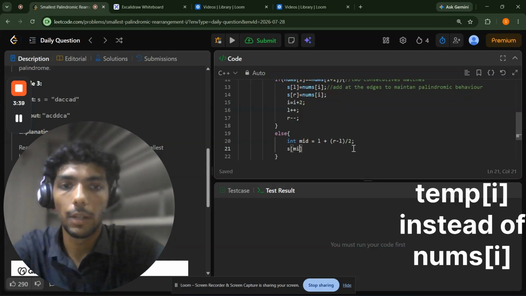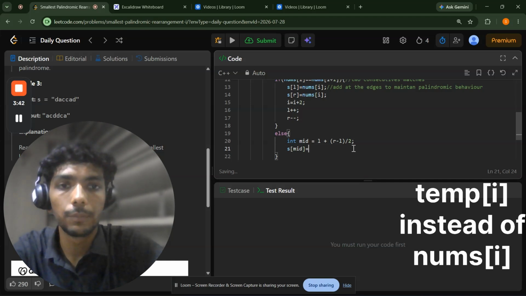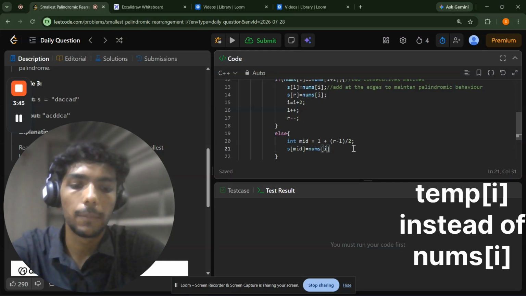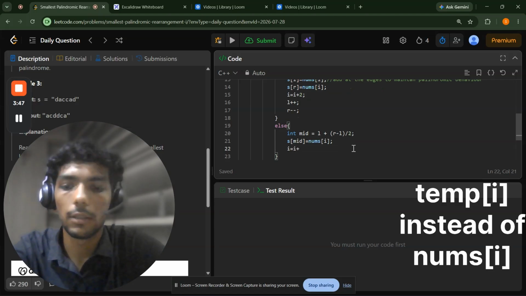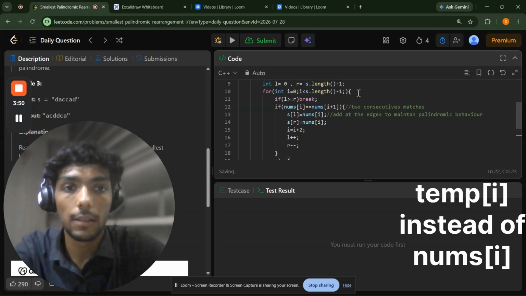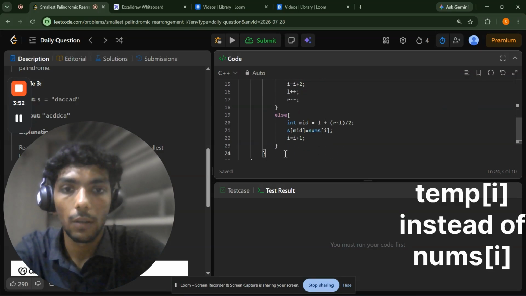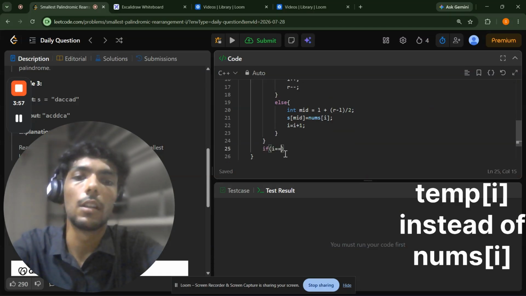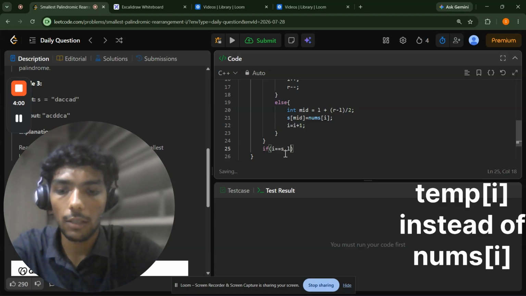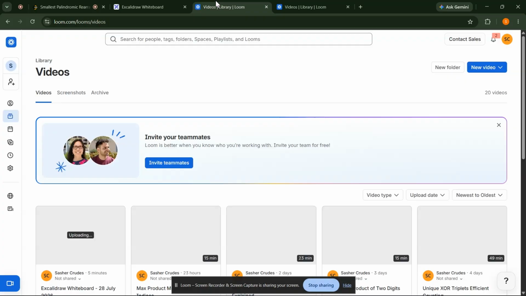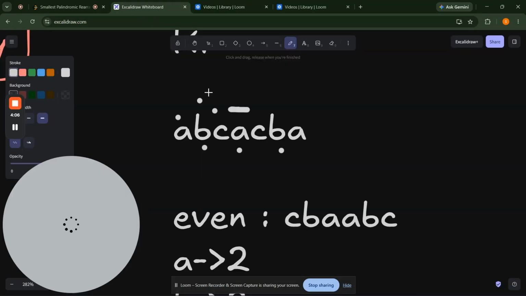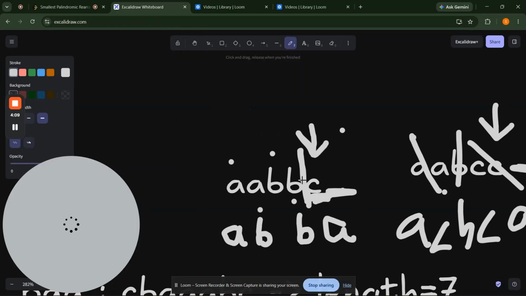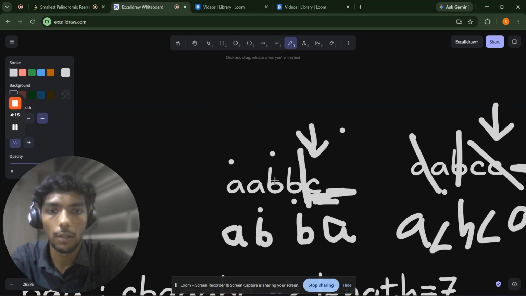Okay, S of mid equals to nums I, and I equals to I plus 1. Now our final check will be if I double equals to S dot length minus 1, which is this, its length is 5 and our iter is at index 4, 0, 1, 2, 3, 4.